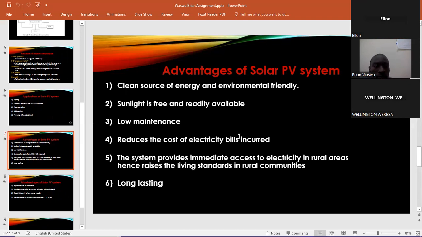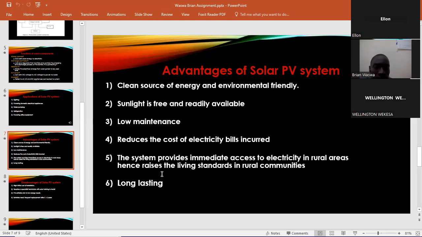Then our solar PV system also requires low maintenance compared to other forms of electrical system. Then the fourth advantage is that a solar PV system helps to reduce the cost of electricity bill incurred in any premises. Then number 5, the system provides immediate access to electricity in rural areas, hence raises the living standards of those rural communities.